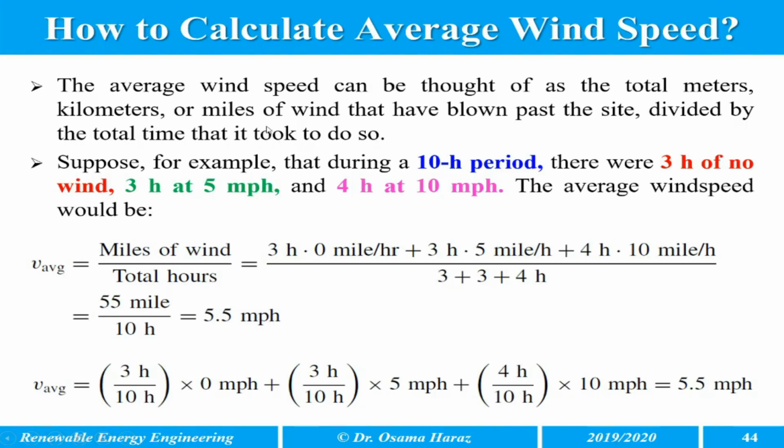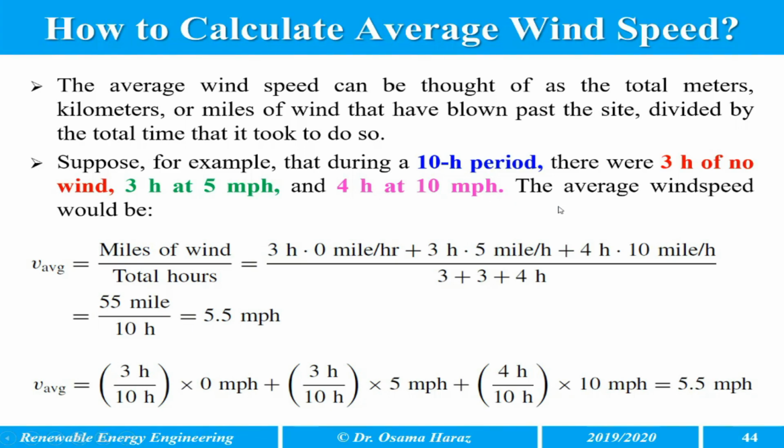How to calculate the average wind speed? The average wind speed can be thought of as the total meters, kilometers, or miles of wind that have blown past the site, divided by the total time that it took to do so. Suppose, for example, that during a 10-hour period, there were 3 hours of no wind, 3 hours of 5 mile per hour wind, and 4 hours at 10 mile per hour wind.